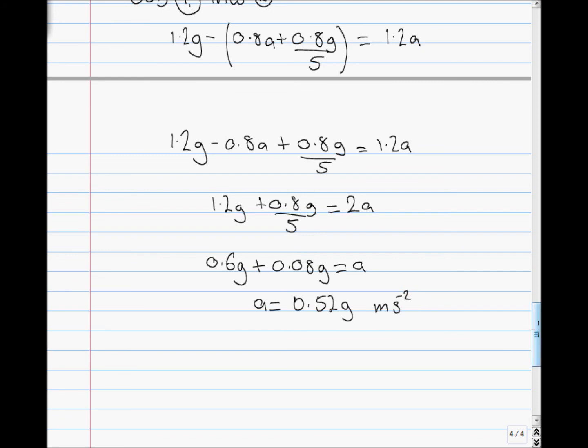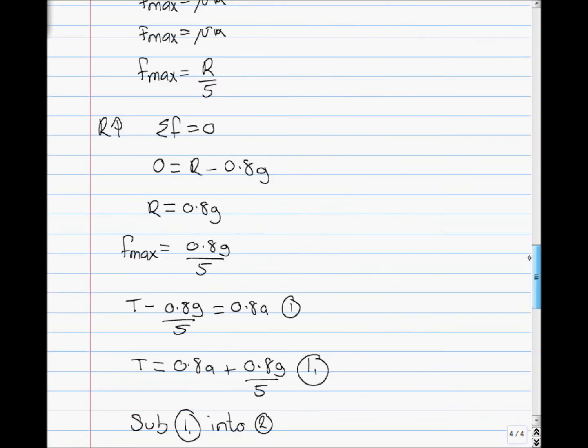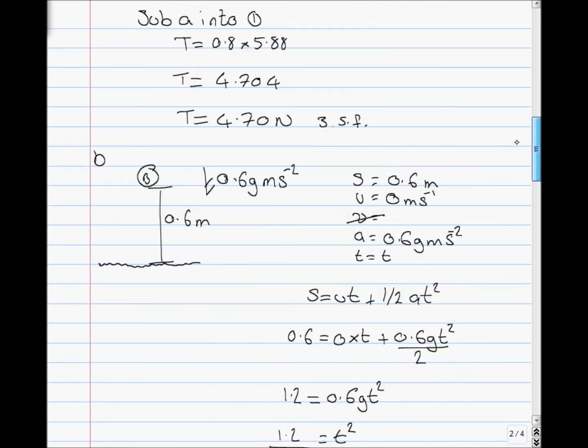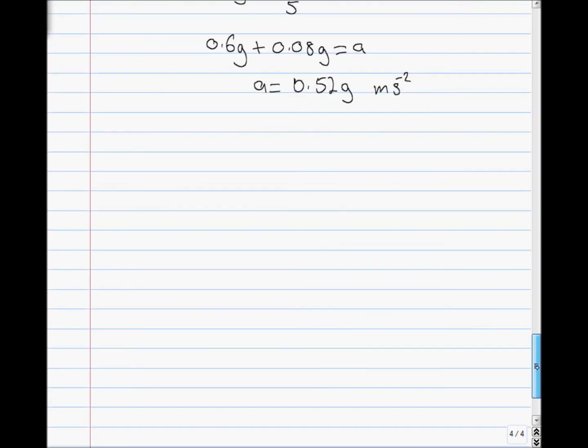I'm not going to work that out because I'm going to sub G in right at the end, but now I can, just like on the first one, once I had the acceleration I used SUVAT, so I'm going to use SUVAT again, and I'm going to draw a new diagram. So particle B is still 0.6 meters high. It is accelerating at 0.52 G meters per second squared. Let's draw the ground here.